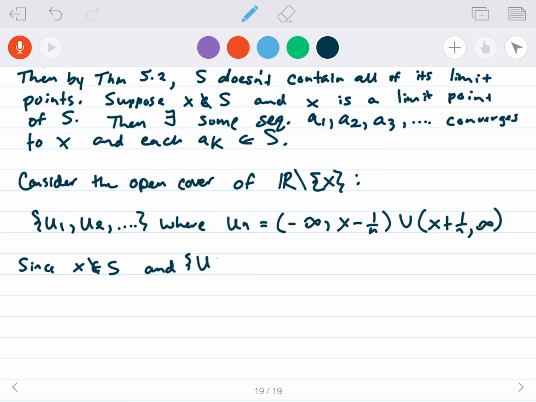Since x is not in S and this open cover covers R without x, then certainly it covers S, right? Because S is a subset of the reals, and this is going to completely cover everything except x, so it's definitely going to cover S.